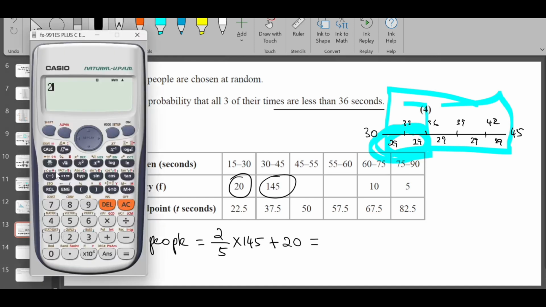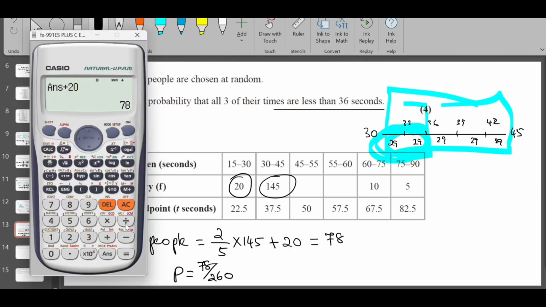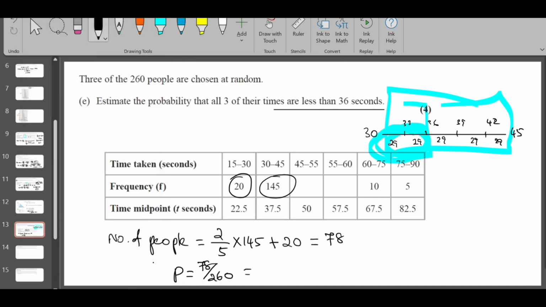So you will get 2 over 5 times 145 plus 20, 78 of it. Therefore, the probability of people who have taken less than 36 seconds will be 78 over 260, which is 3 over 10. That's the probability, 3 over 10, right?